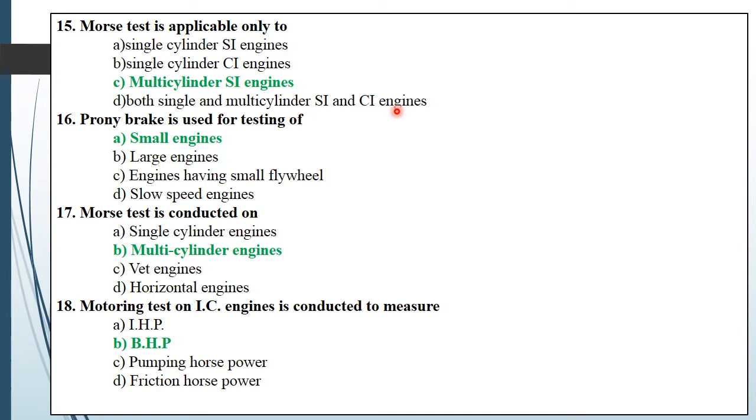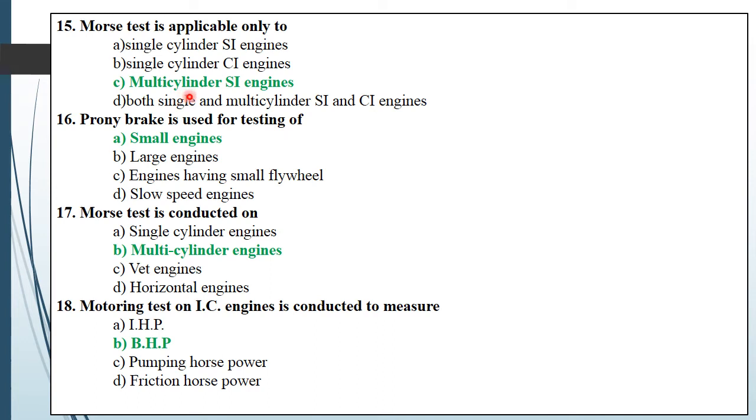So highlight this: the Morse test is applicable only to multi cylinder engines. Reading the options carefully, single cylinder SI engine is not applicable, single cylinder CI engine is not applicable, multi cylinder SI engine is applicable, and both single and multi cylinder SI and CI engines is not applicable.